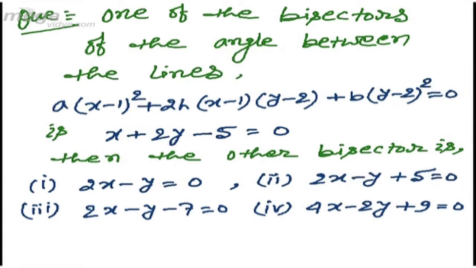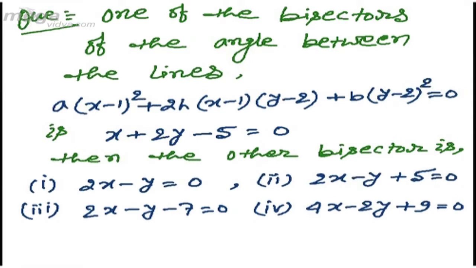Student, one of the bisectors is given and you have to find out the other bisector, and you know that the angle bisectors between two lines are perpendicular to each other. So this x plus 2y minus 5 and the other bisector should be perpendicular.